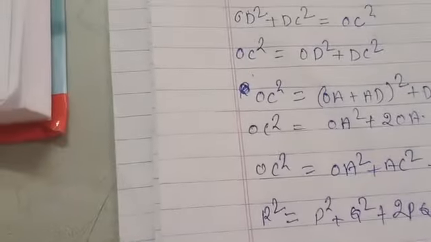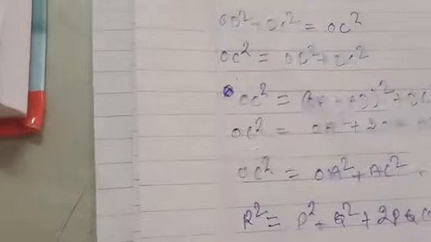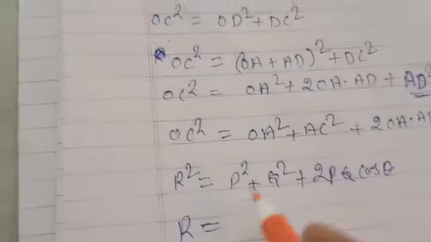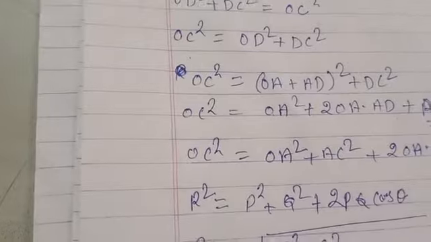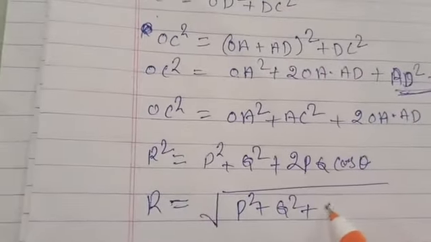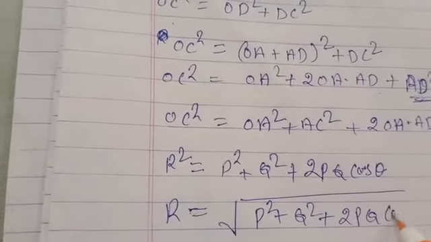Now R is equal to under root P square plus Q square plus 2PQ cos theta.